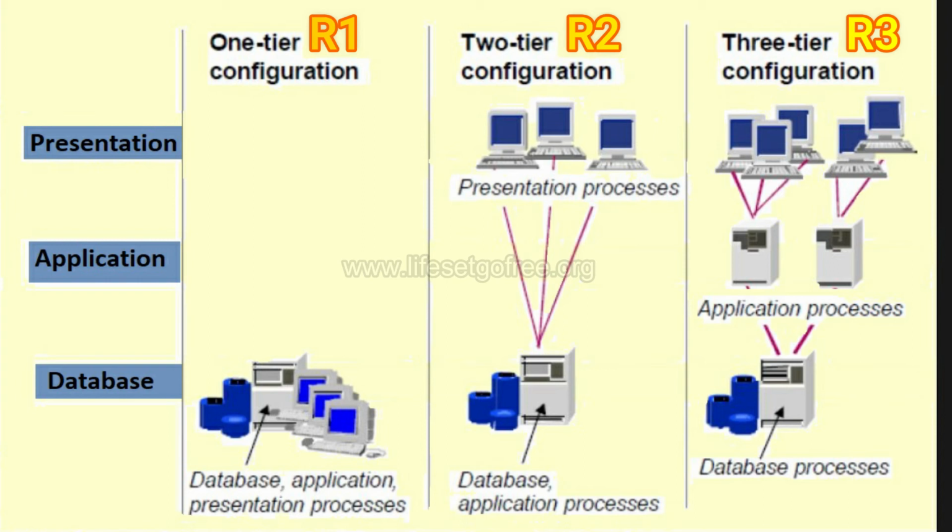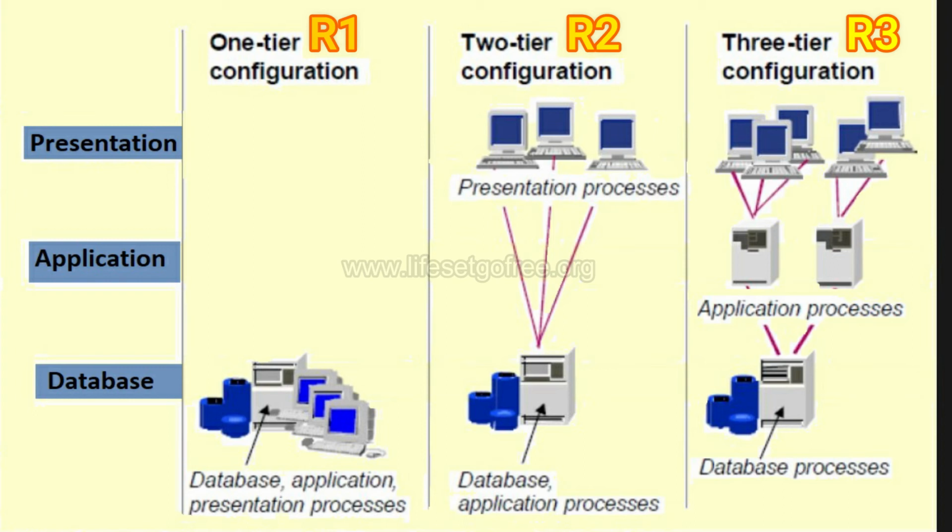See, that is the reason I first explained this architecture part, I mean these 3 layers. If you understand these 3, this definition part of R1, R2, R3 is like child's play. R1 means all these 3 layers are installed in one system or server.